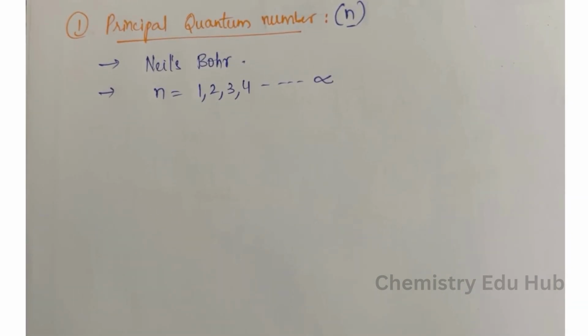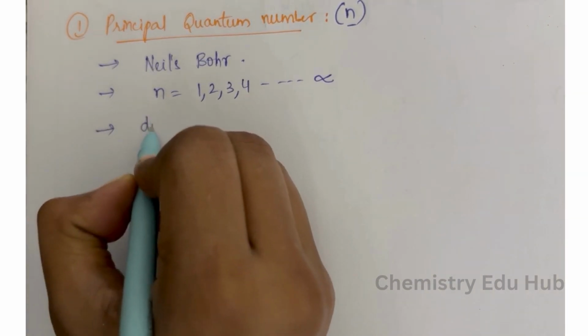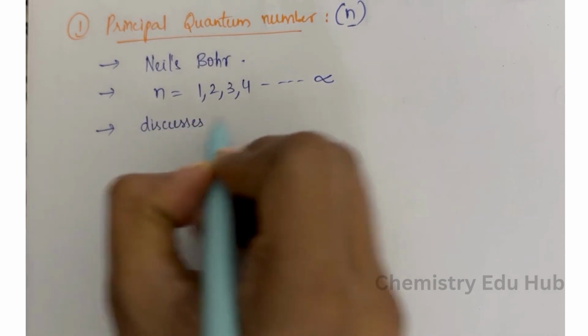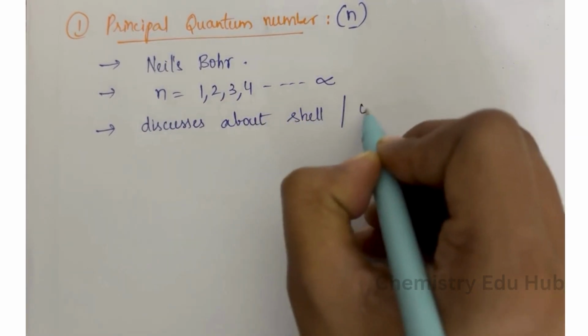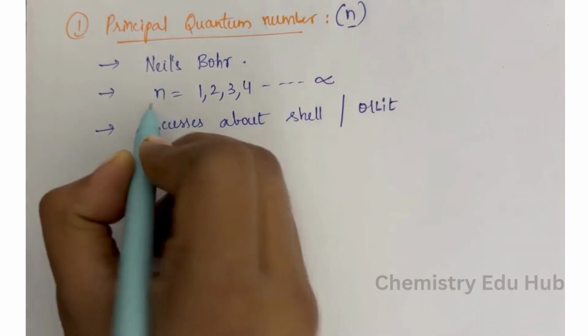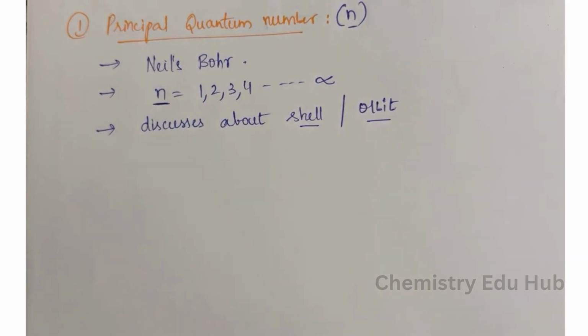The principal quantum number mainly discusses the shell or orbit. So if we say n value, n indicates the stationary shell or the orbit of an electron.